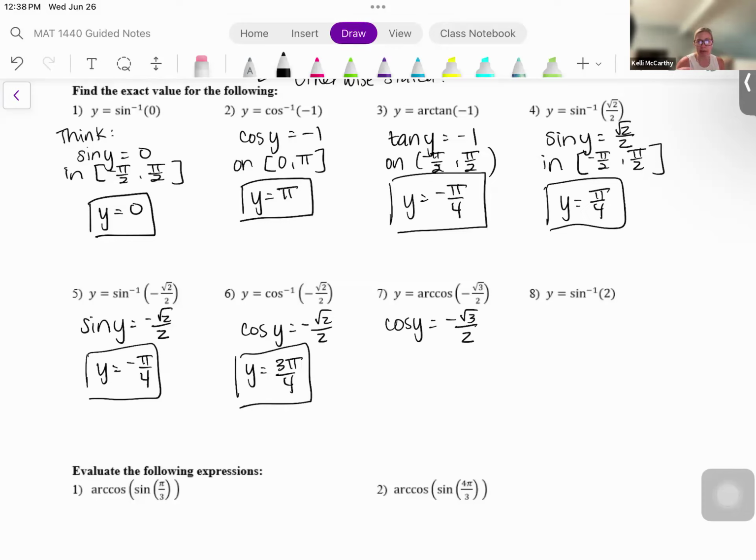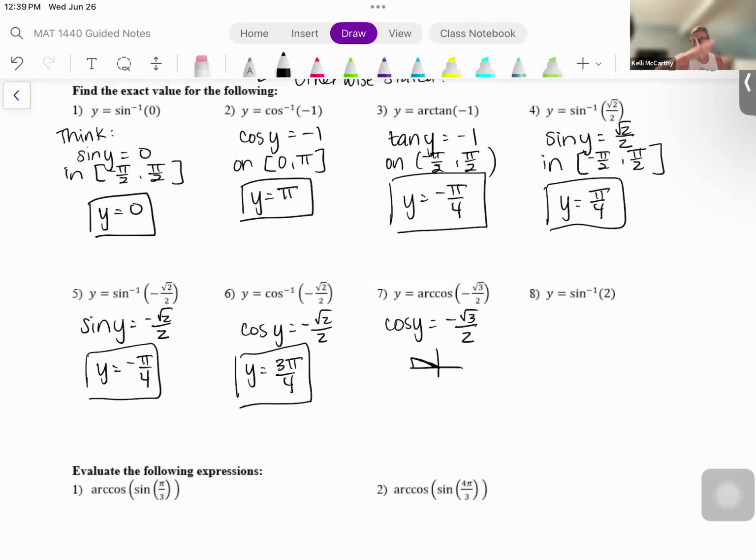Here I like to think about those triangles. Cosine is equal to that negative square root of 3 over 2, which is the longer value. So if I think about sketching this triangle, I want a triangle in my second quadrant, but I want it to be sort of flatter, closer to that x-axis, so that I have my x value having a longer magnitude than my y value.